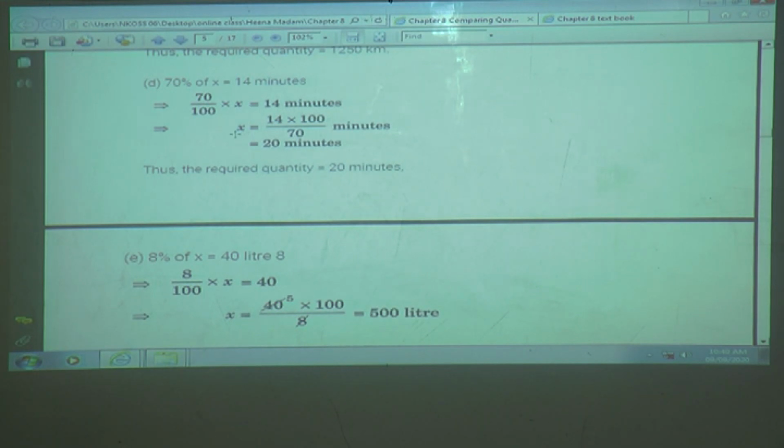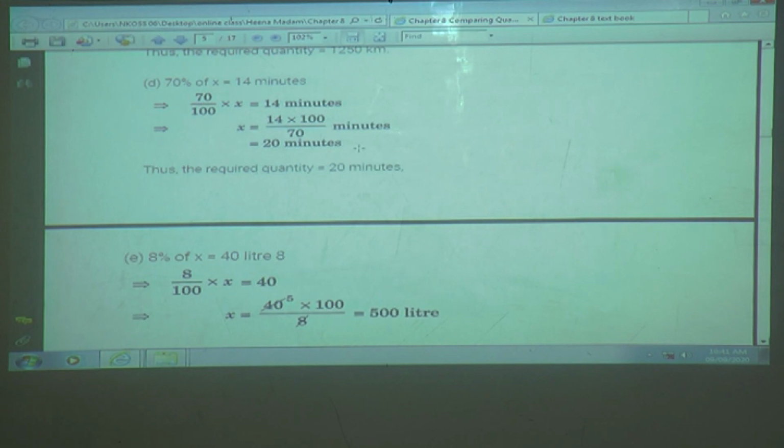So x is equal to 14 multiplied by 100 upon 70. After the reduction, the 0s get cancelled, 7 ones are 7, 7 twos are 14, so it will be 20 minutes. Thus the required quantity is 20 minutes. In this way we can substitute the values and find the answer step by step.